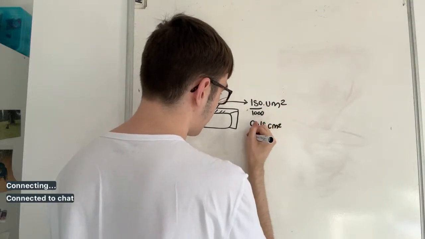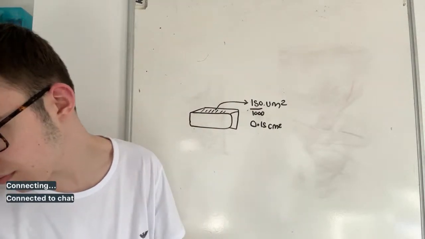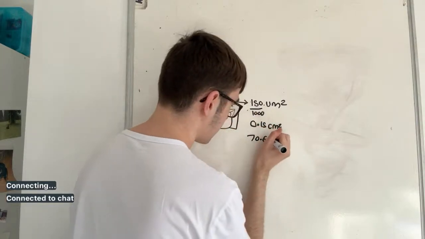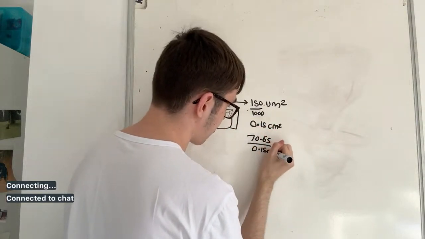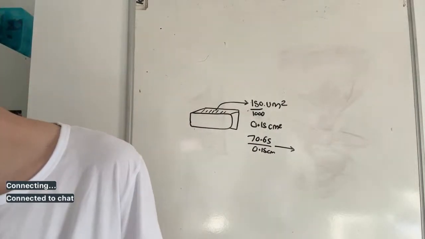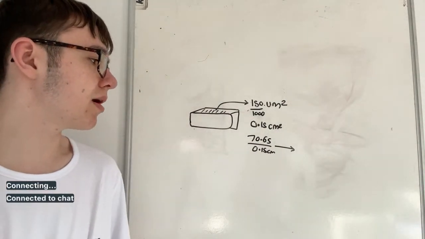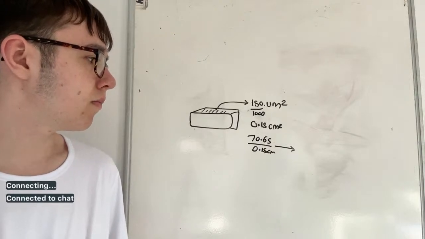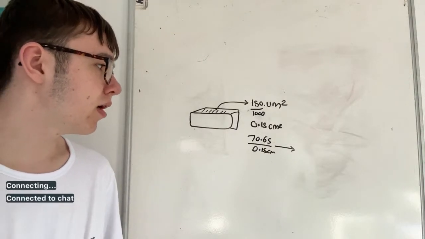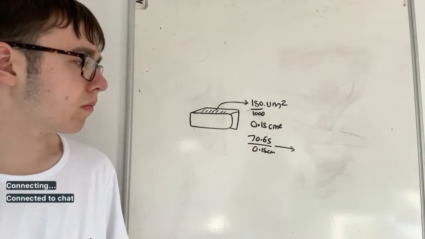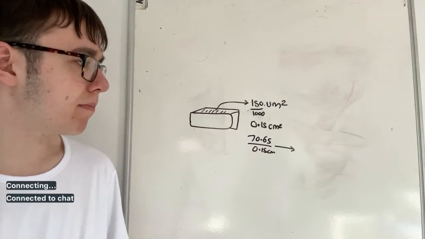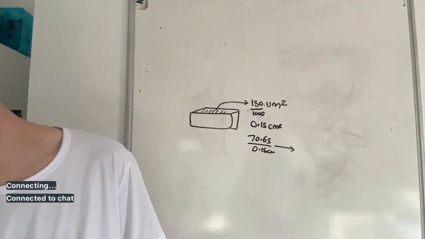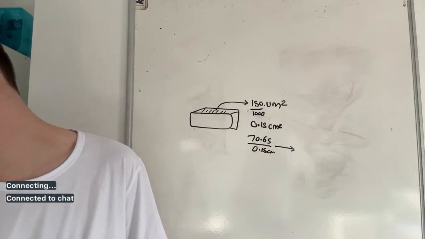And then you would just get the amount of the total volume. 70.65 divided by 0.15 centimeters squared and give it in standard form, which I'm going to predict is going to be about maybe 500. 4.71.